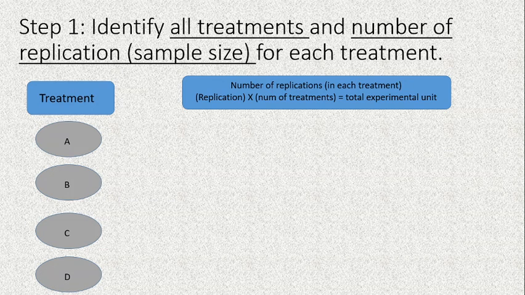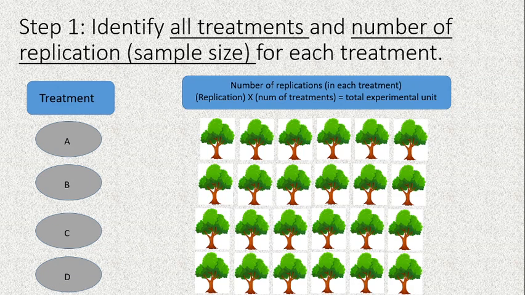Let's say I want to have 6 replications for each treatment. So replications multiplied by the number of treatments will be equal to the total experimental units. 6 replications multiplied by 4 treatments, and my total experimental units will be equal to 24. So these are all my experimental units. That is the first step.